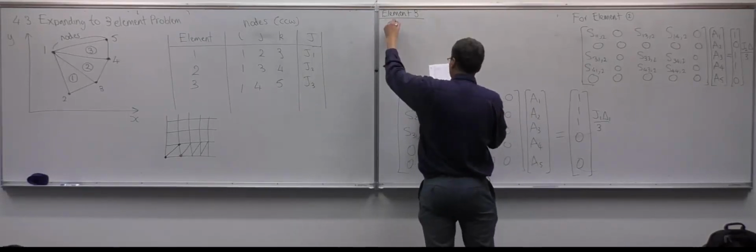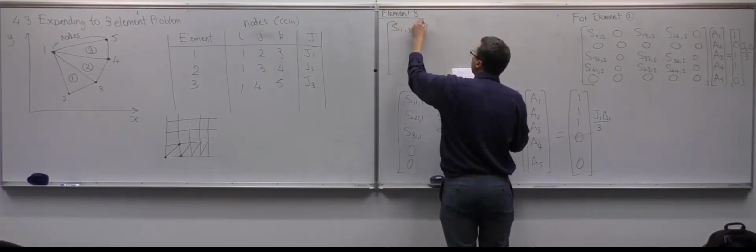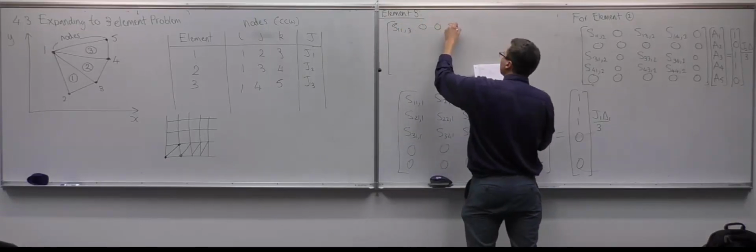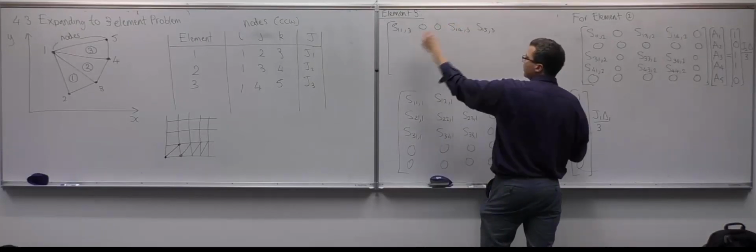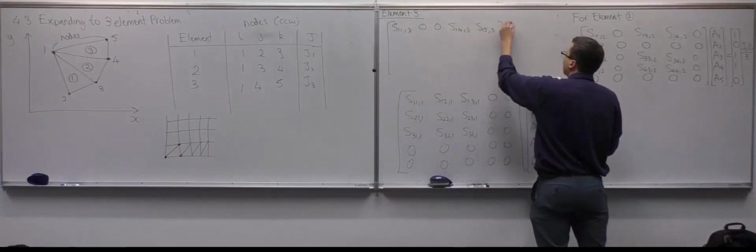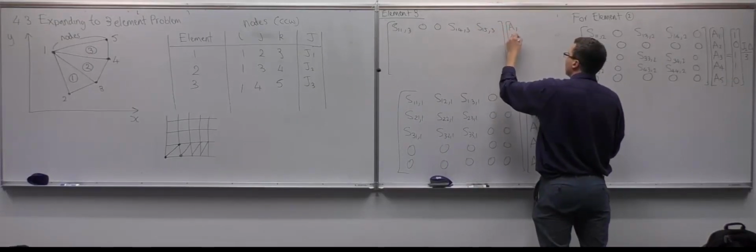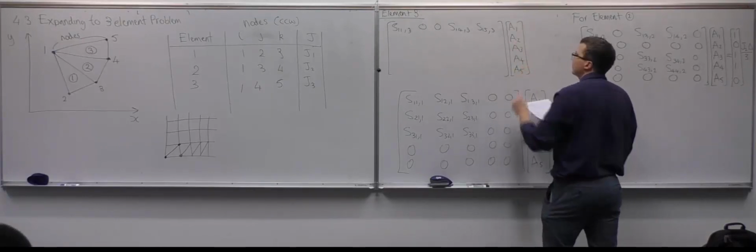So the first one is S113, 0, 0, S143, S153, like that. And we have A1, A2, A3, A4, A5, like that.